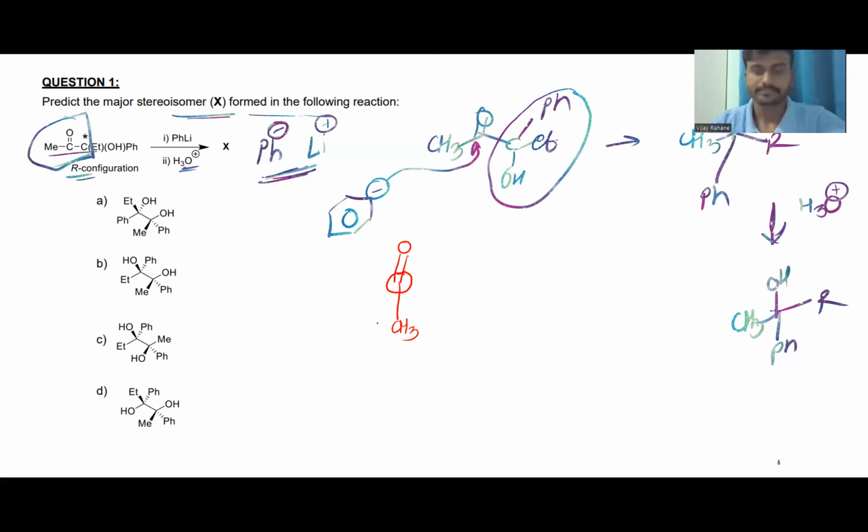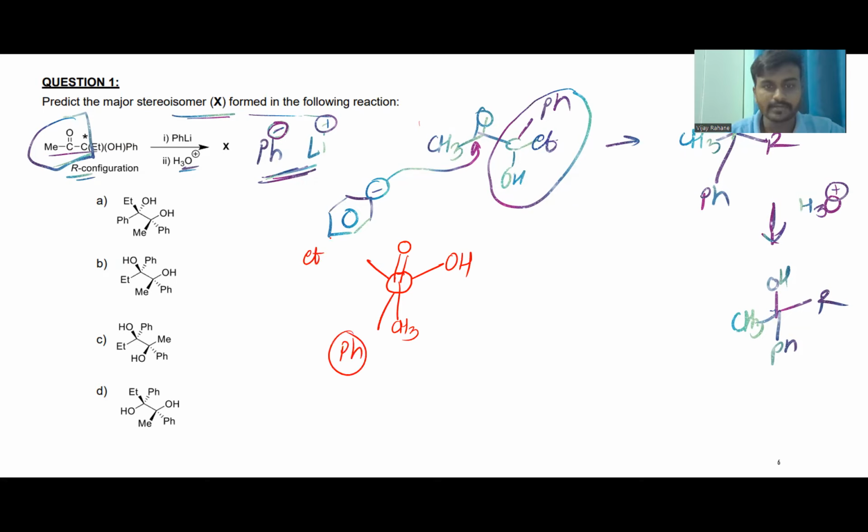The methyl group is here, and the backside carbon atom has three groups: ethyl, hydroxy, and Ph. Let's say I draw the hydroxy group here. Now where will the ethyl and Ph be?